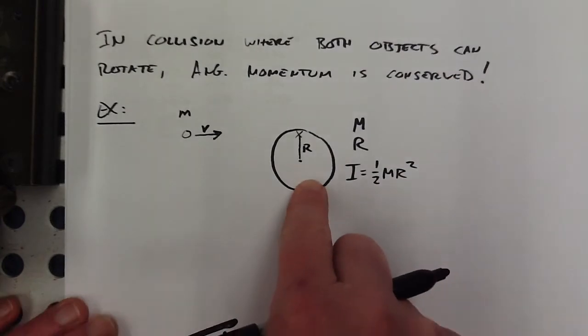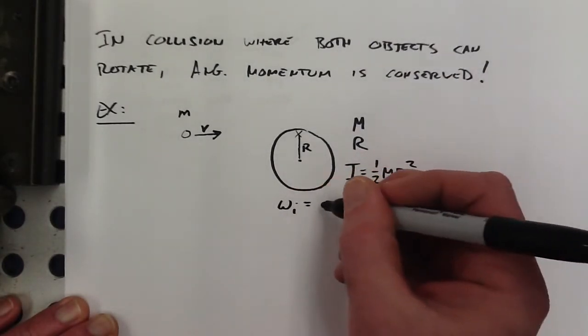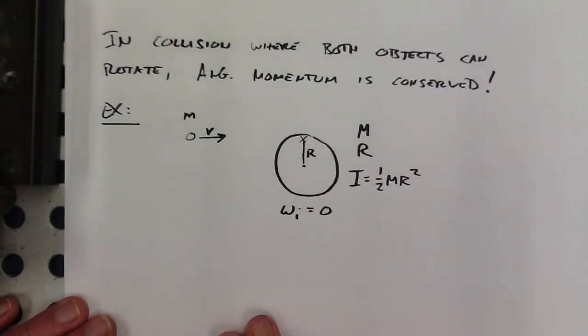And the initial angular velocity of the merry-go-round is 0. But this kid's going to come running up and jump on the edge of this, and then it's going to start to rotate, right? That should make sense to you. So how fast will it rotate? What will the angular velocity of it be?